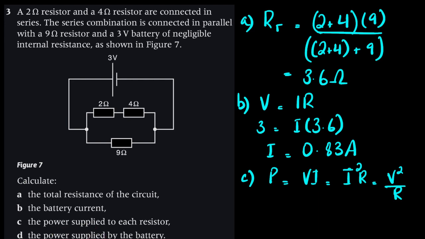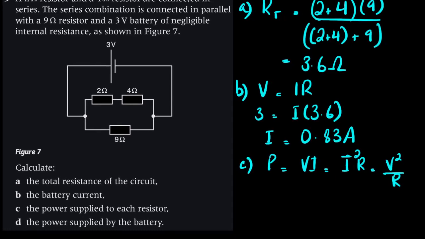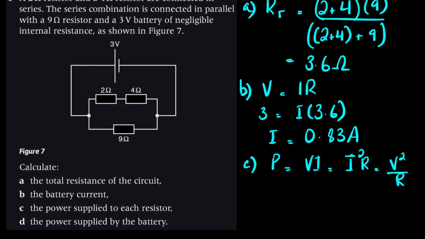For the power supplied to each resistor, remember that we cannot use this current with any of the resistances because this is the total current. In the parallel branch, the current would branch out, right? But what you do know is the voltage across all of this and all of this.